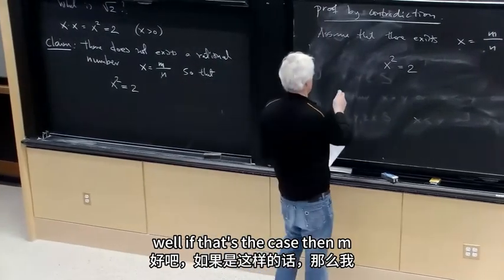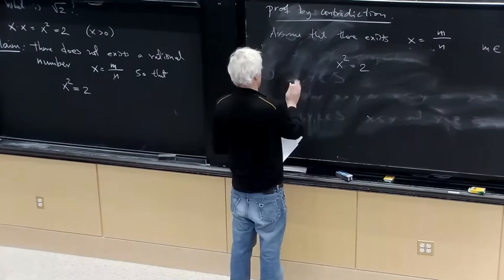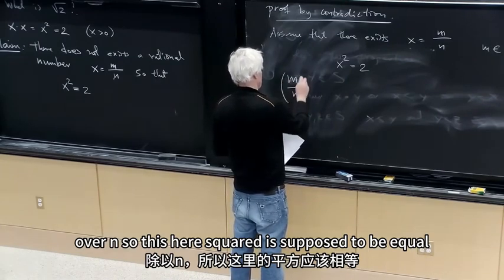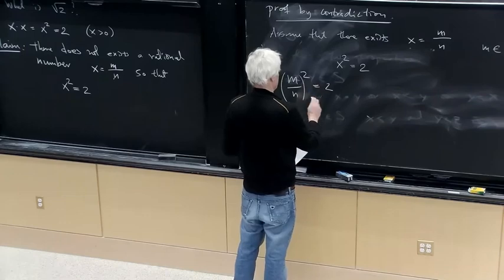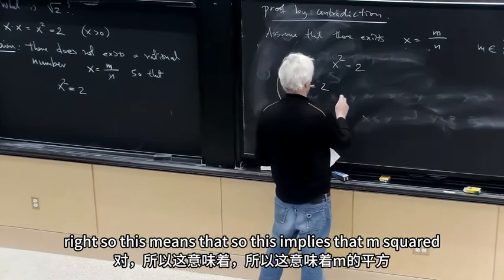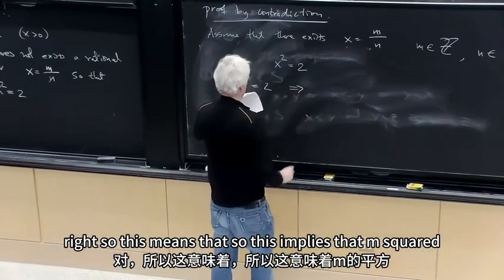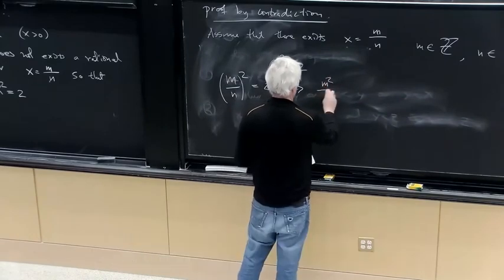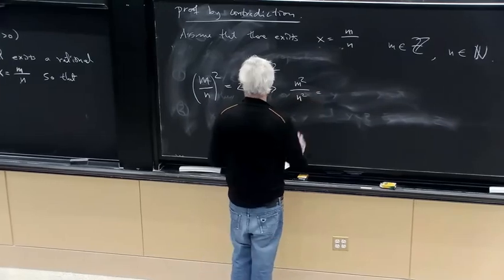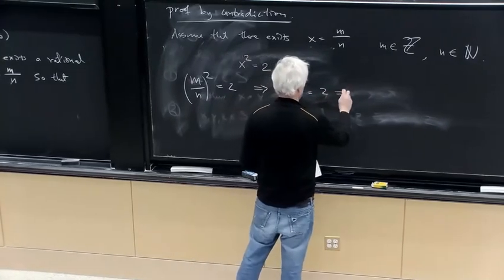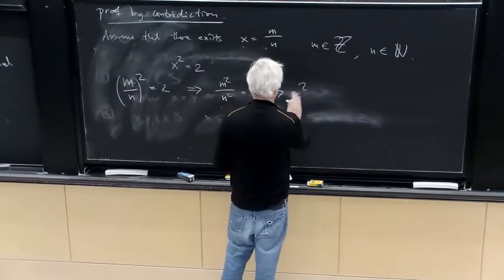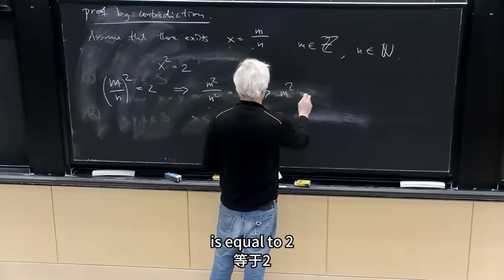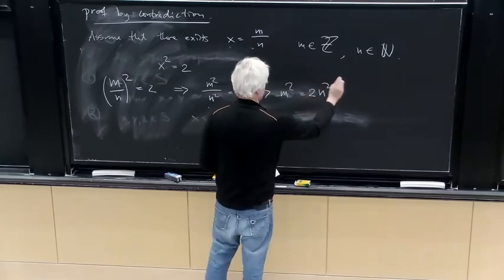Well, if that's the case, then m over n squared is supposed to be equal to 2, right? So this implies that m squared over n squared is equal to 2. And this, just multiplying over, implies that m squared is equal to 2n squared.